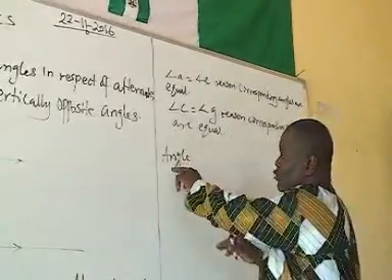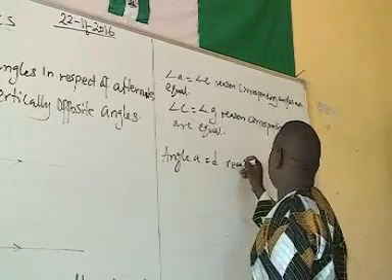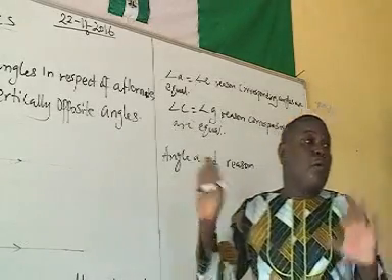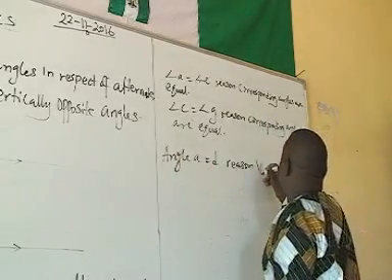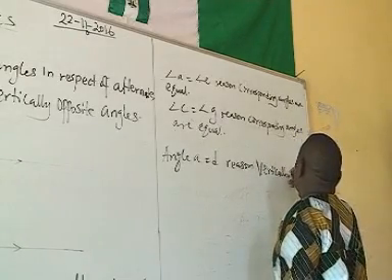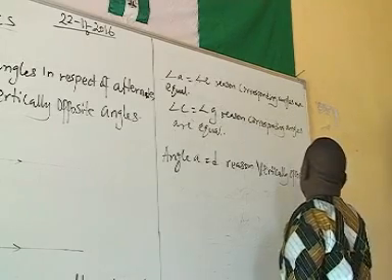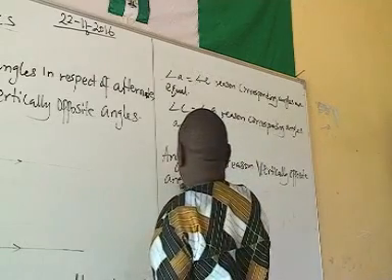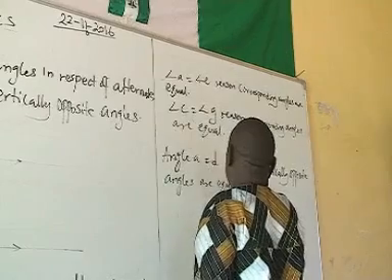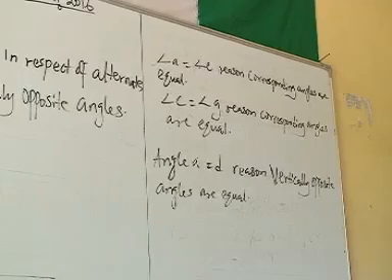Okay. Let me use this one for now. Reason: we are dealing with vertically opposite angles, which are equal.